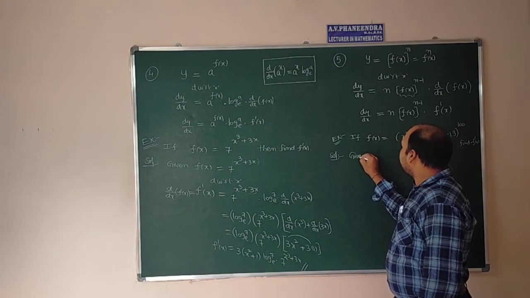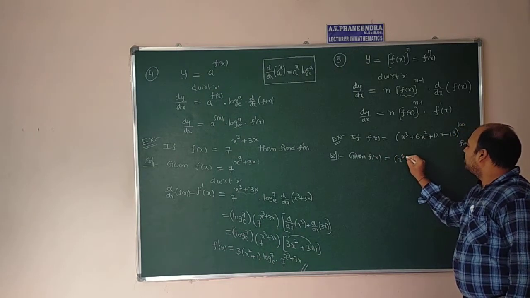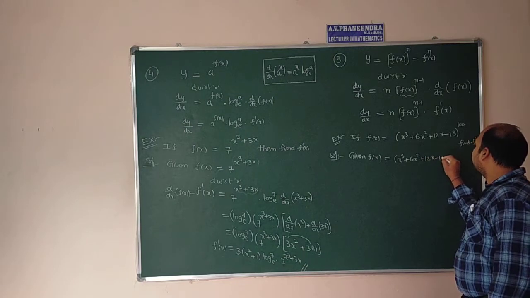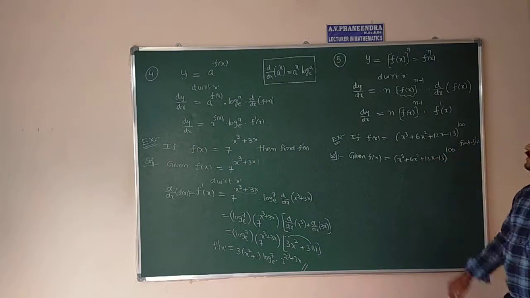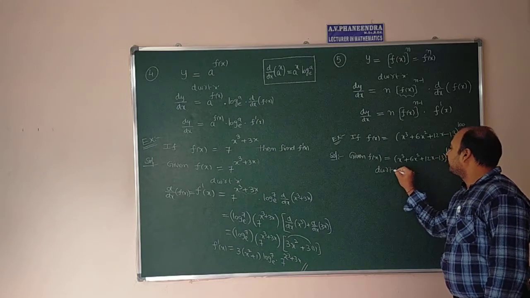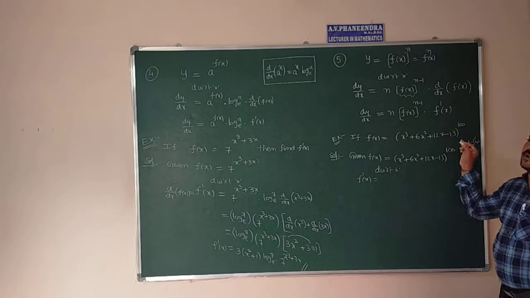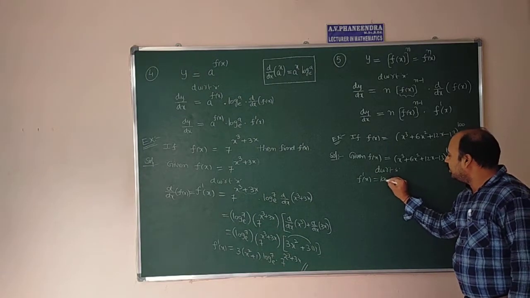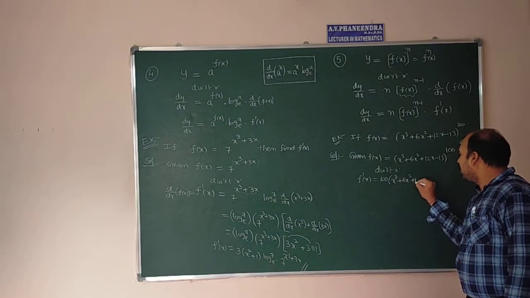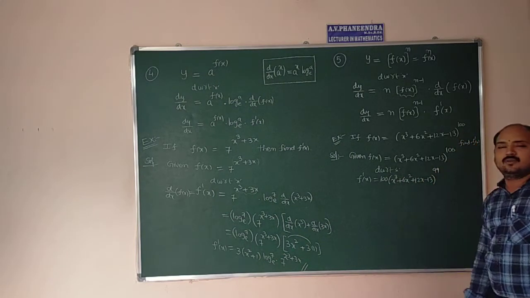Given f of x equal to x cube plus 6x square plus 12x minus 13 whole power 100. Differentiate with respect to x. F dash of x equal to n into x power n minus 1. That means 100 into x cube plus 6x square plus 12x minus 13 whole power 100 minus 1.